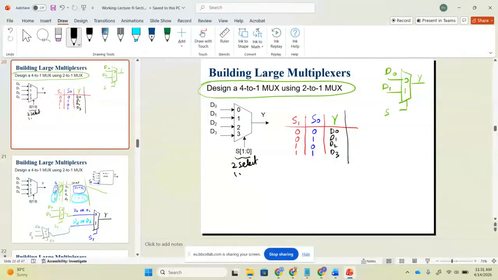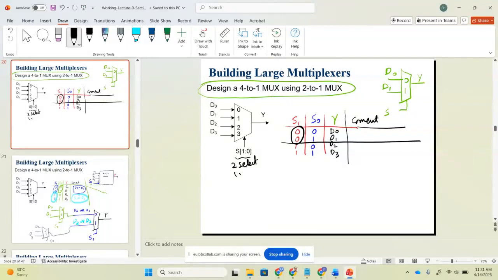Okay, I'm now making some observations. If you look at the truth table, using black color, when S1 is equal to 0, what should be my comment? What should be my output? I'm ignoring S0 and just looking at S1. What will be my output Y?